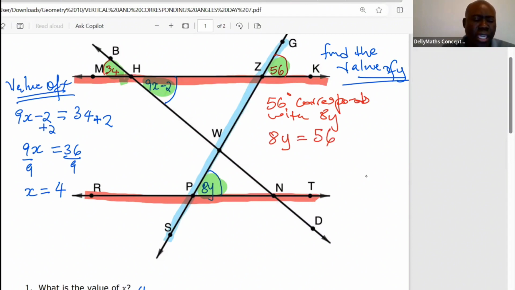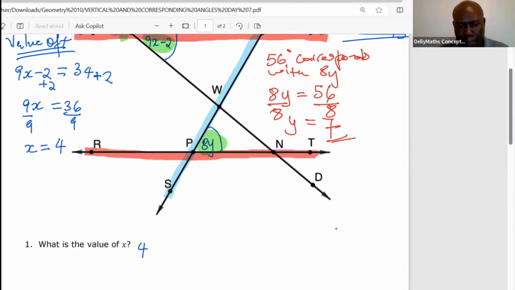We're able to say 8y is equal to 56. So if I want to find y, I divide both sides by 8. So y is equal to 7, since 56 divided by 8 is 7. So there it is, we have found the value for y to be 7.